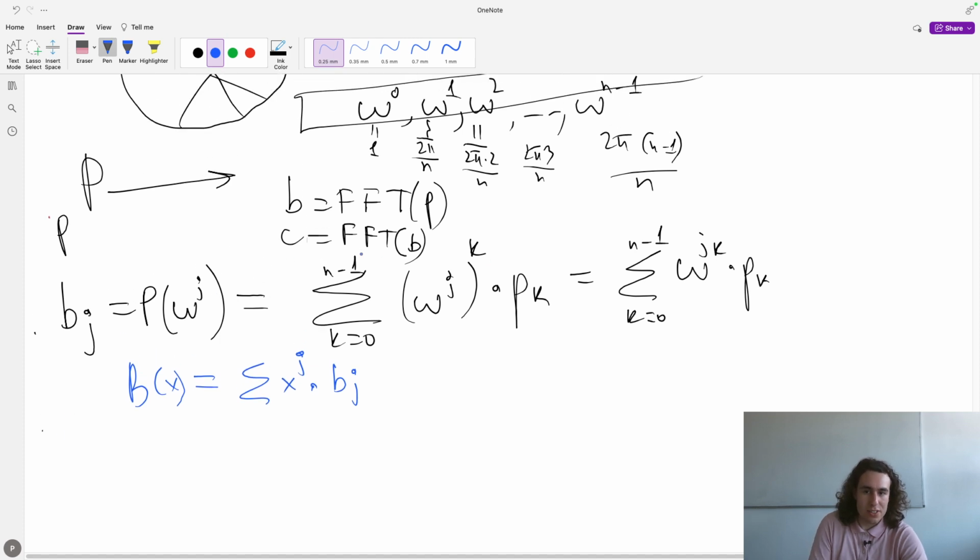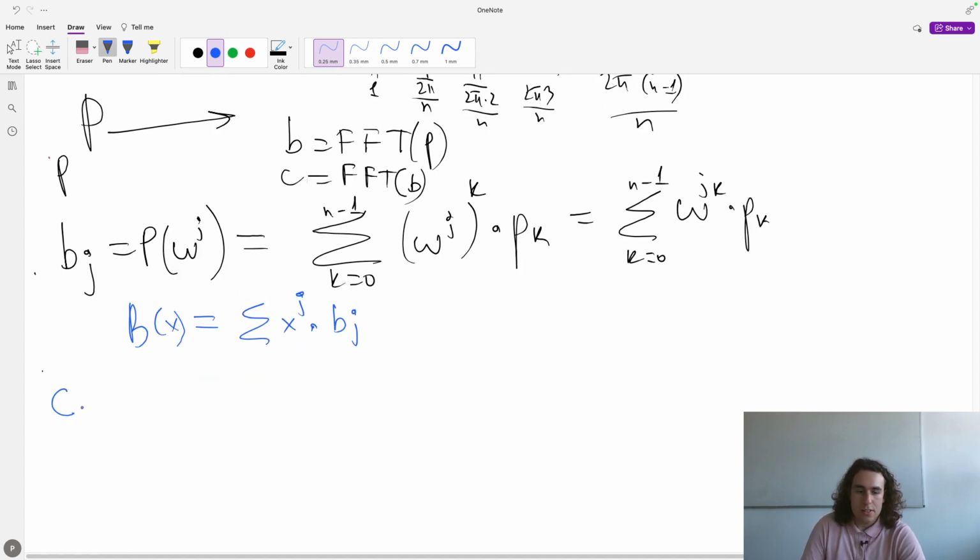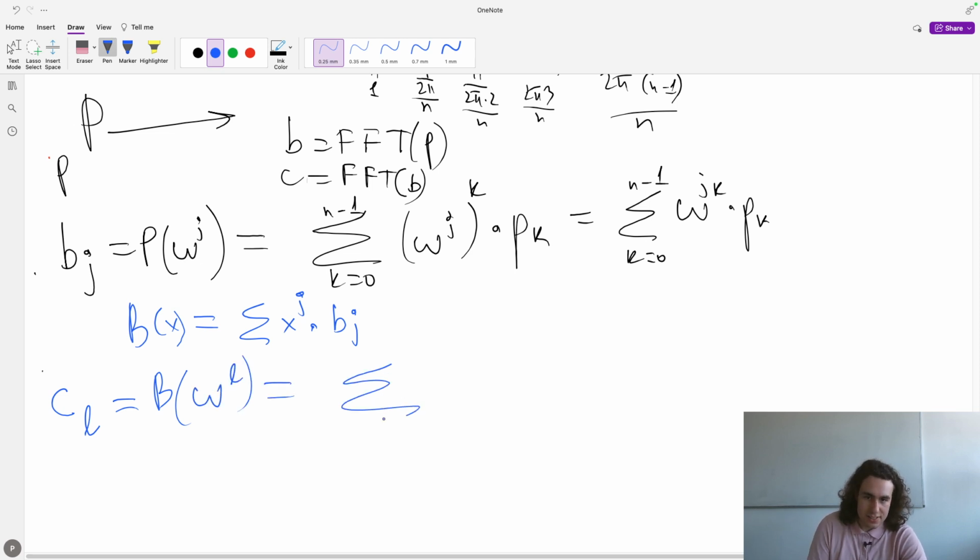So by definition, c is f of t of b. So cL, let's say, is b of omega to the L, which is the sum for j from 0 to n minus 1 of omega to the L to the power j, times bj, right?